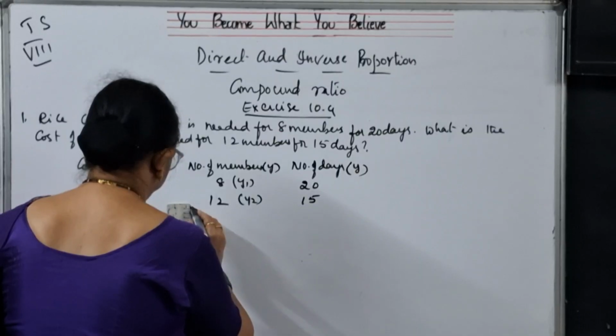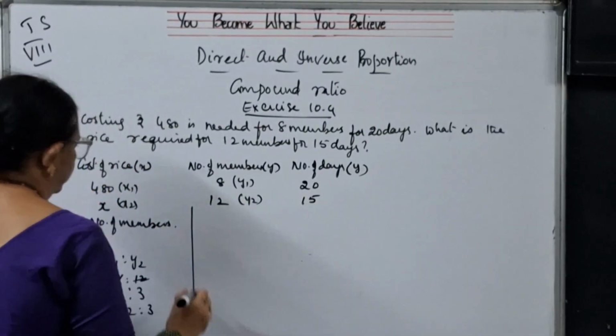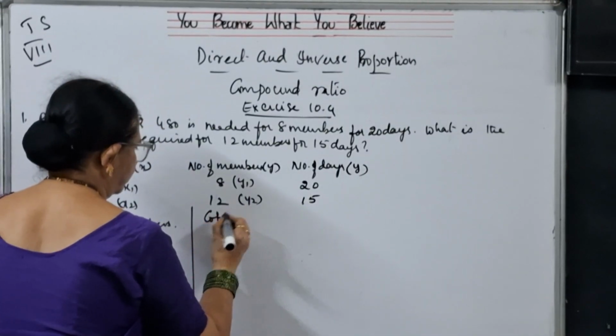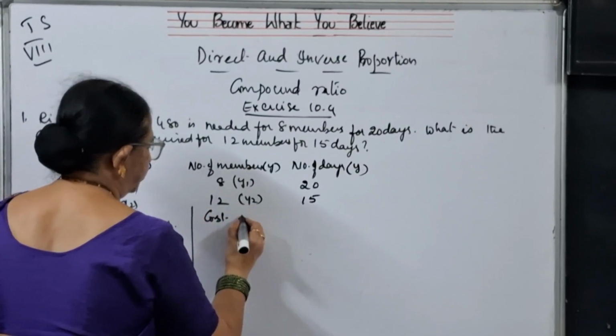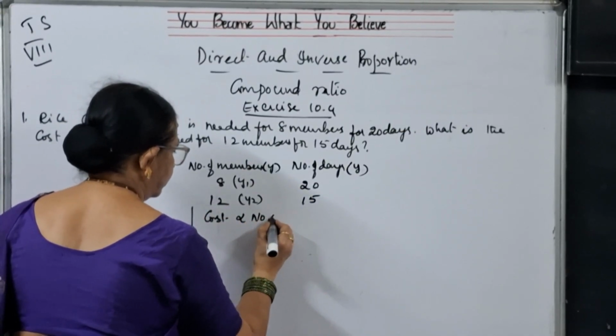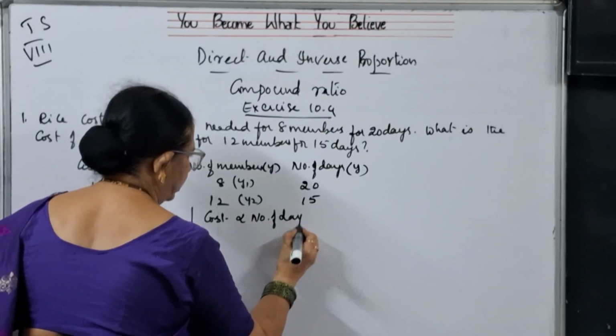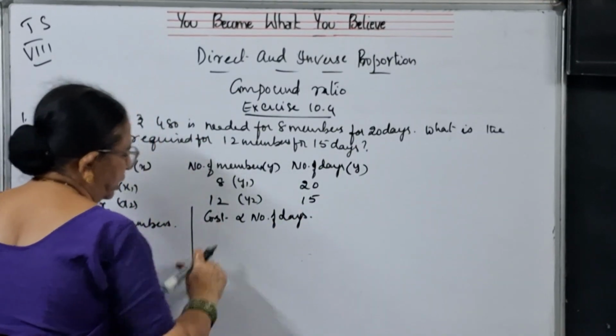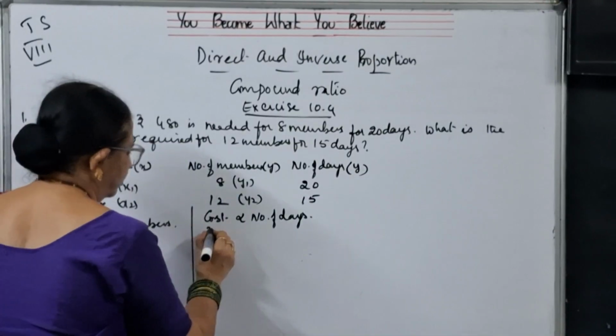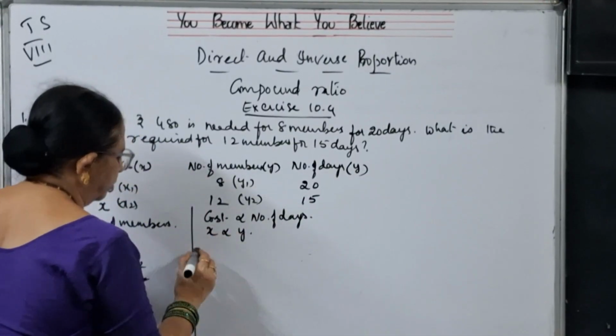Now, again, cost. Cost is directly proportional to number of days. Why? If the days increase, cost also will increase, meaning the amount that they have to spend will increase. So x is directly proportional to y.